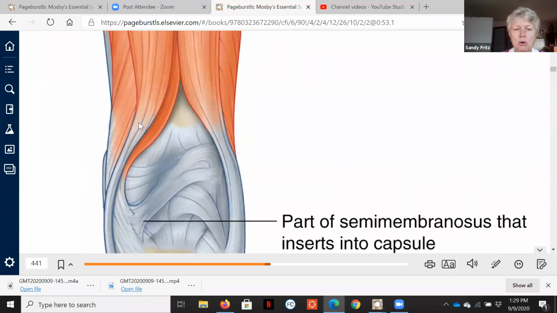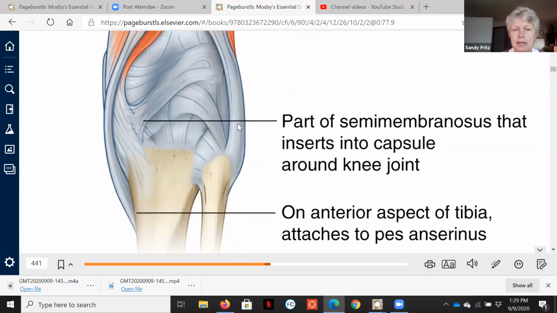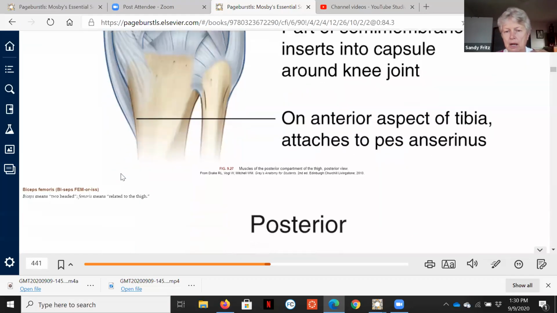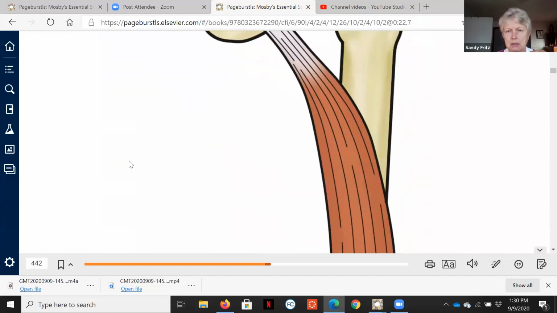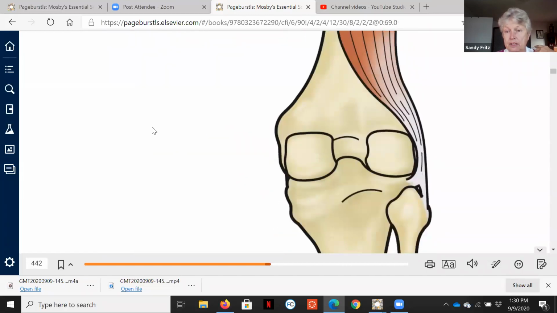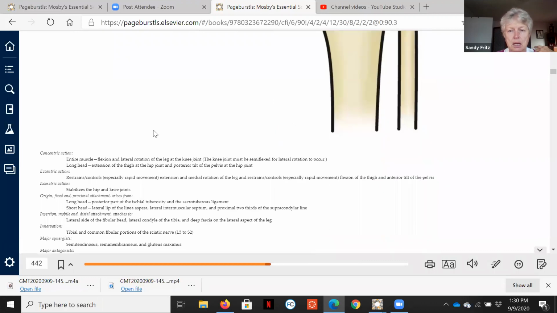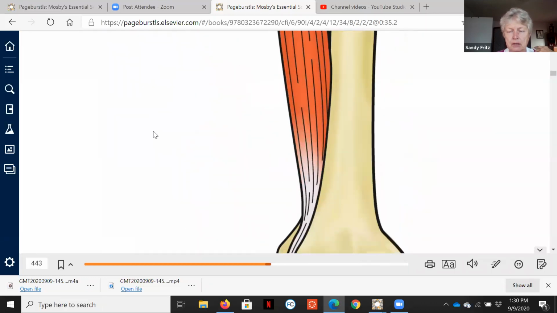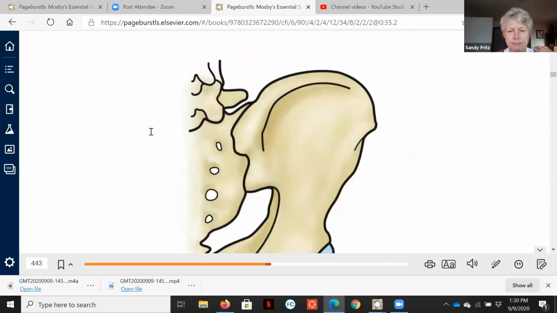But they also attach below the knee. So that anchoring below the knee allows it to grab onto the tibia for leverage. This would be like a third-class lever, and then it can pull that up. So here they are individually, and we'll come back and take a look at each of these.